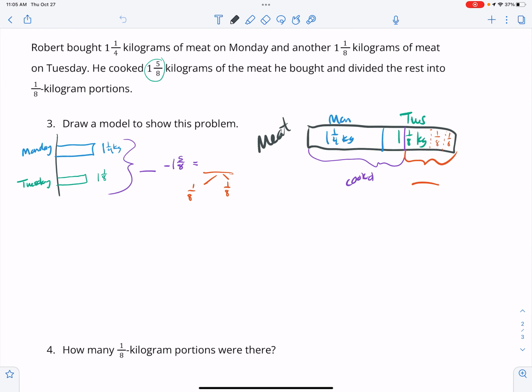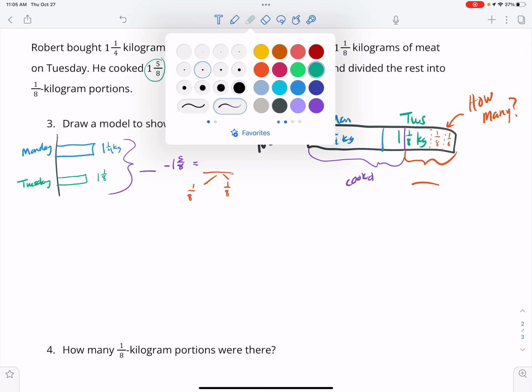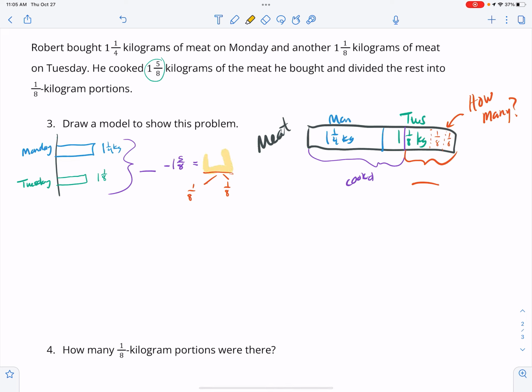So our question is, how many of those 1/8 kilogram portions are there? So we want to know how many of these. Working backwards, we need to figure out this piece of information before we can divide that into 1/8. We need to know our total amount of meat so we can subtract what we cooked.